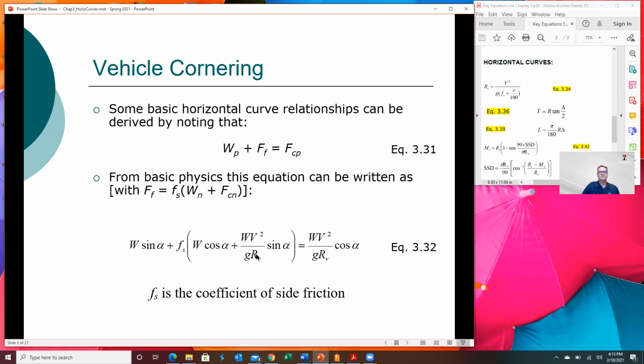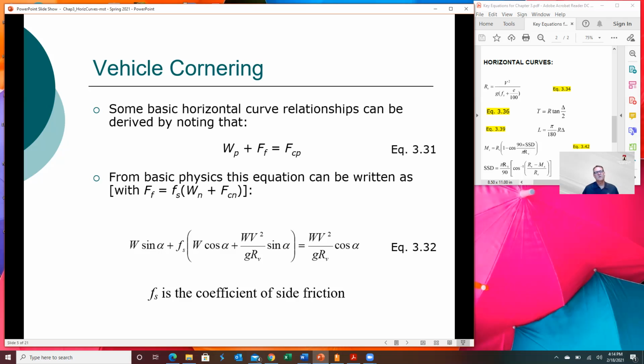You do some substitution in there and you get equation 3-32, which introduces a new coefficient, F sub S, which is the coefficient of side friction. Basically, when there's an angle to the roadway in the curve, there's going to be some side friction that holds that vehicle in place.